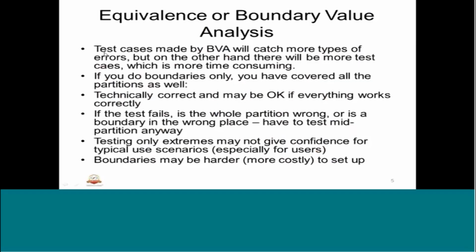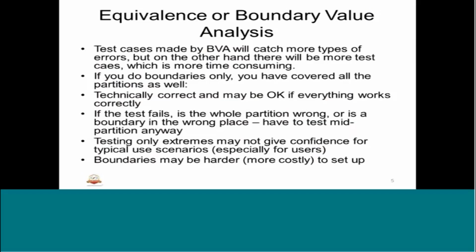Okay, the next one is the test cases made by boundary value analysis will catch more types of errors. You know why? Because the system behavior at the boundary could change. Suppose the system is supposed to take a variable of 1.0 to 5.0 and we are trying to test 0.9 or we are trying to test 4.9 or 5.1.